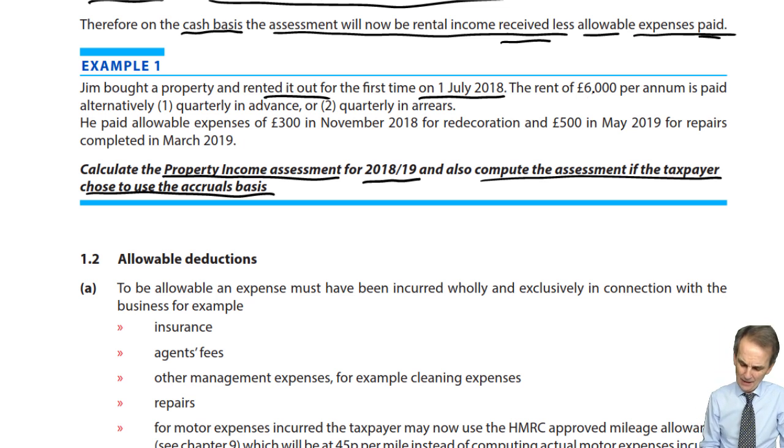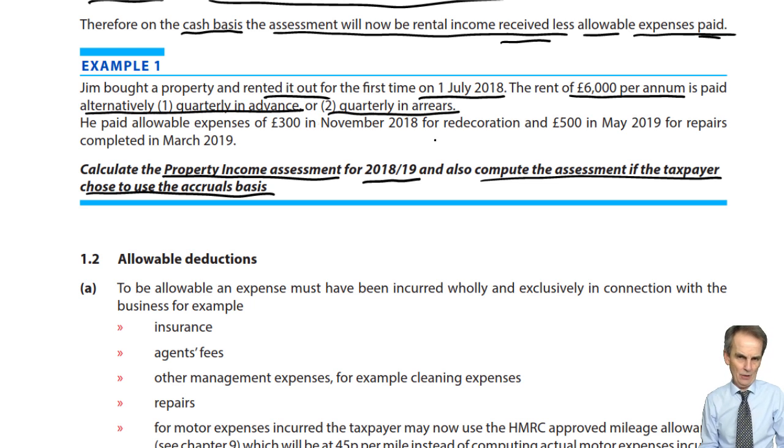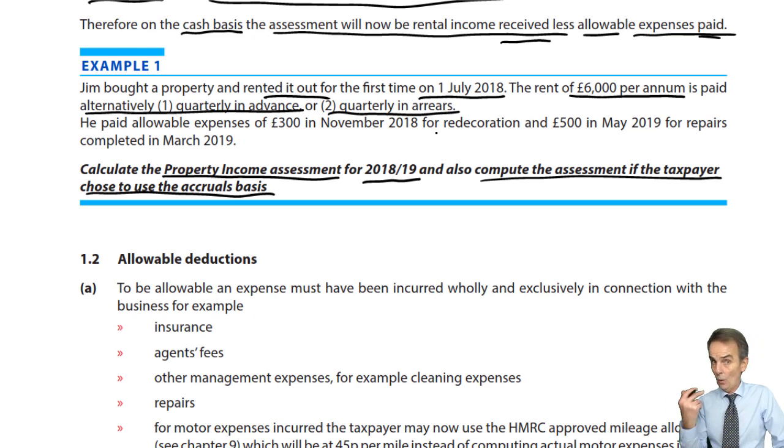What we solve here: we've got rental of £6,000 per annum, which is to be paid to Jim, alternatively either quarterly in advance or quarterly in arrears. So in terms of that rental income, whether in arrears or whether in advance, what we want are the amounts received.